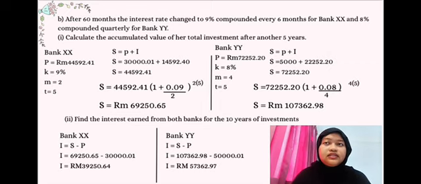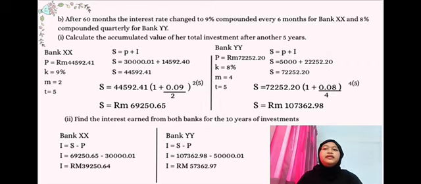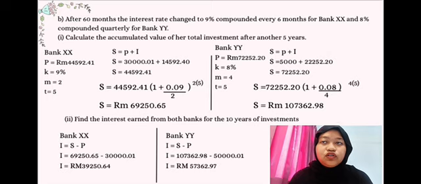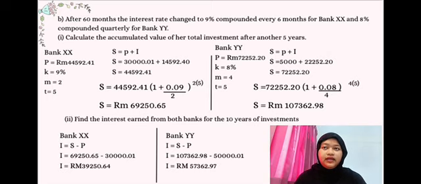The first step is we should find the accumulated value for Bank XX. P equals 44,592 ringgit 41 cents. K value is 9%, M value is 2, T value is 5 years.